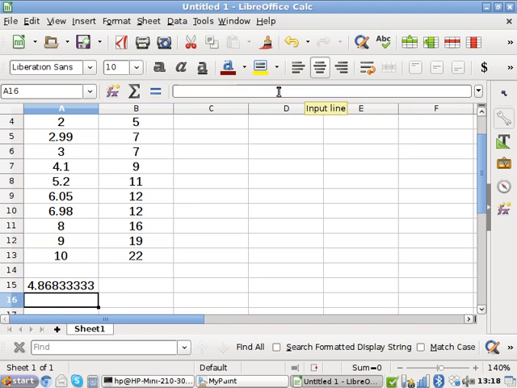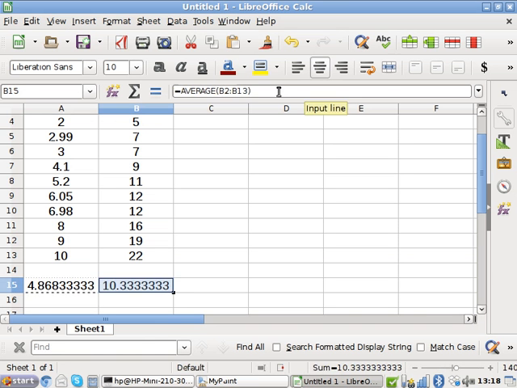And we should all get the same average. Then what you do is you copy and you paste into the next cell. Got that?